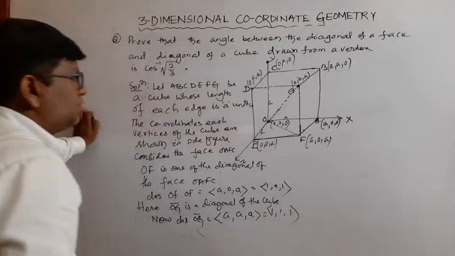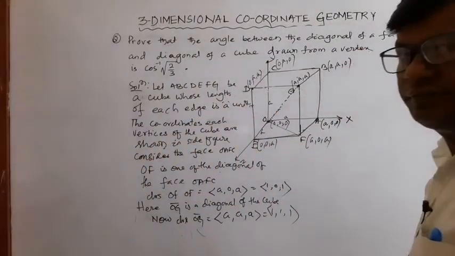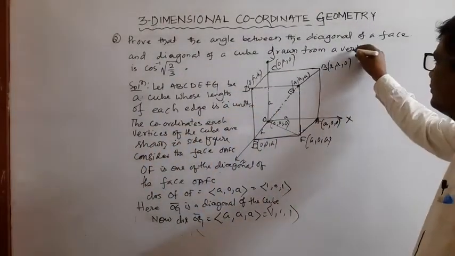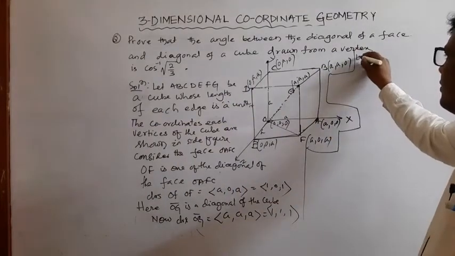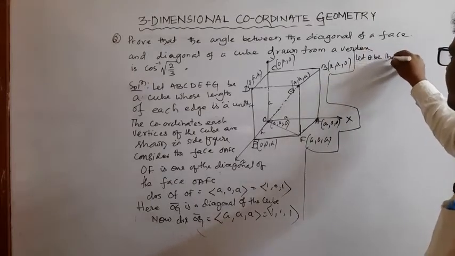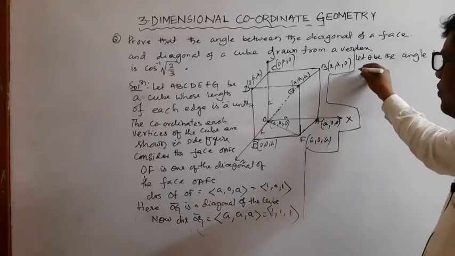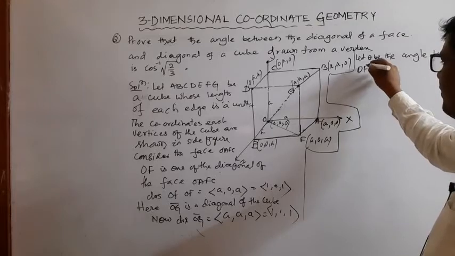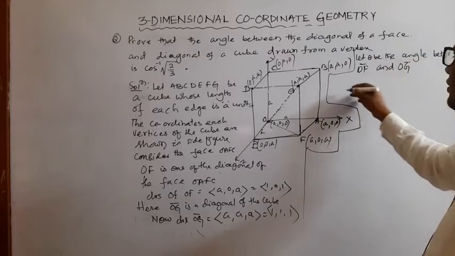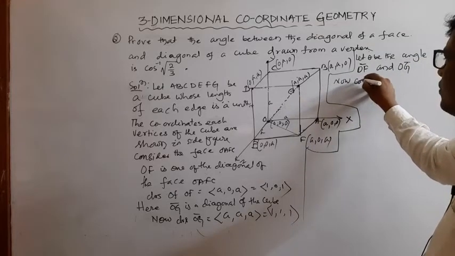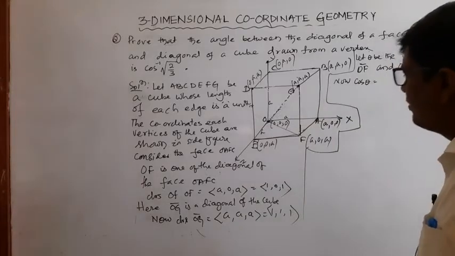Now let theta be the angle between OF and OG. Now cos theta is equal to (a1a2 + b1b2 + c1c2) over the root of the sums of squares, applying the angle formula.